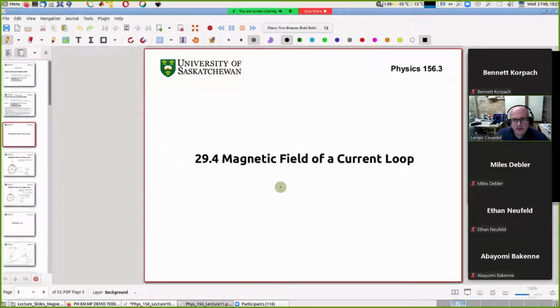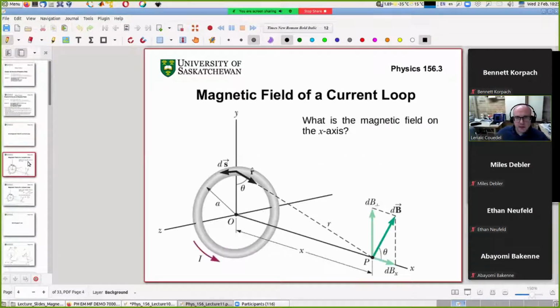So we're first interested in the magnetic field of a current loop. We've seen a straight wire, but what happens if you have a loop? So you have this loop of metal and a current going anti-clockwise in this loop. Each piece of wire, here ds, will create a small magnetic field dB.